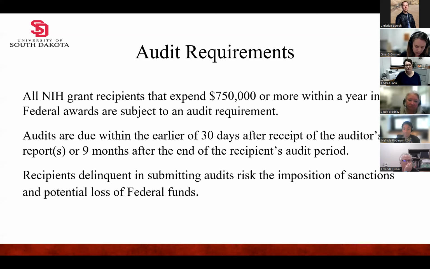USD would be responsible for those if we're the prime and we're subawarding out to another agency. Vice versa, we would have to provide the single audit report and risk assessment to other agencies if we are the subrecipients.